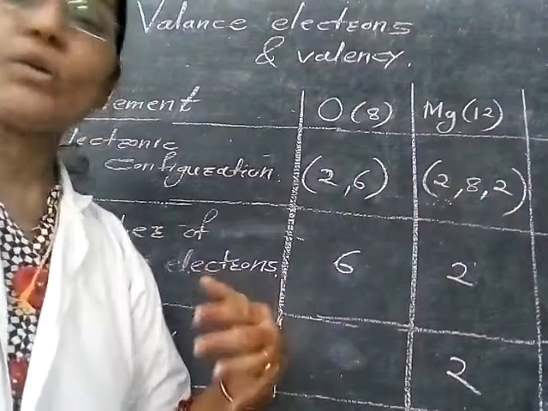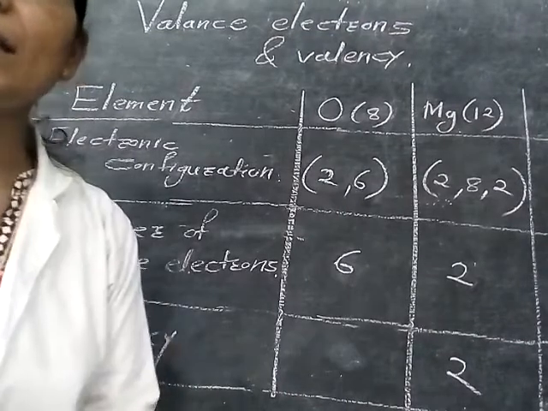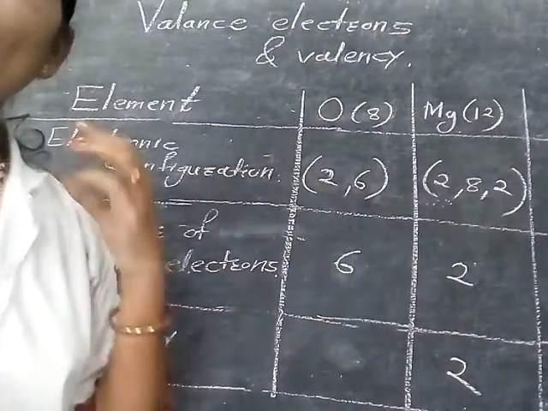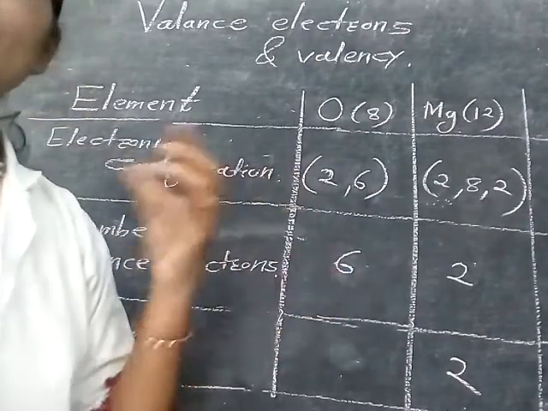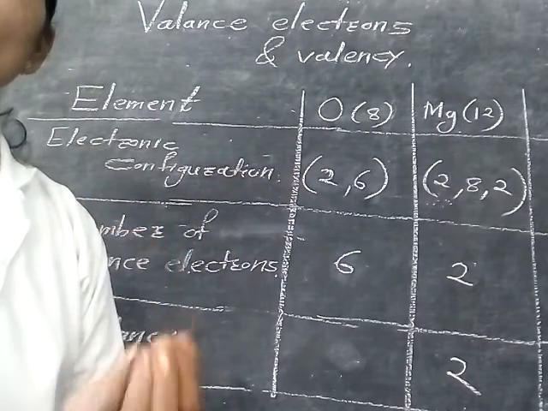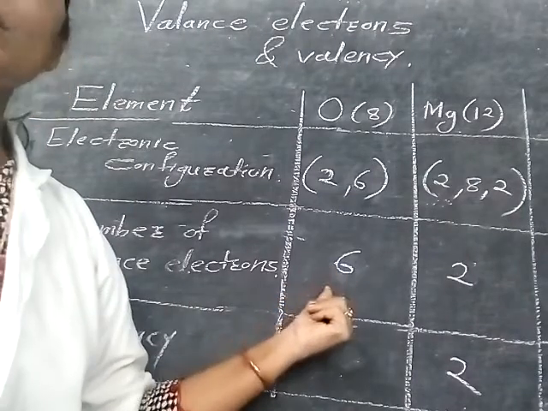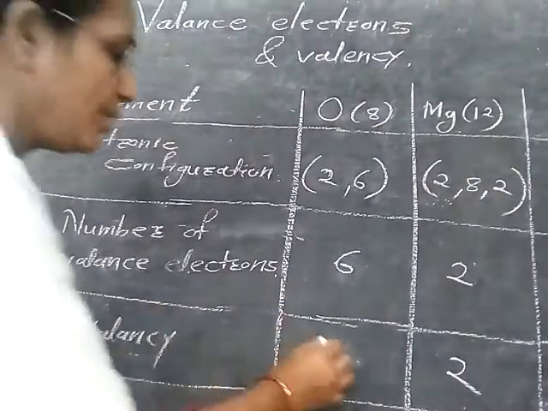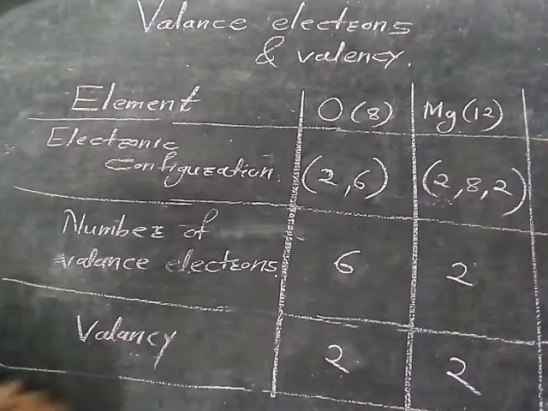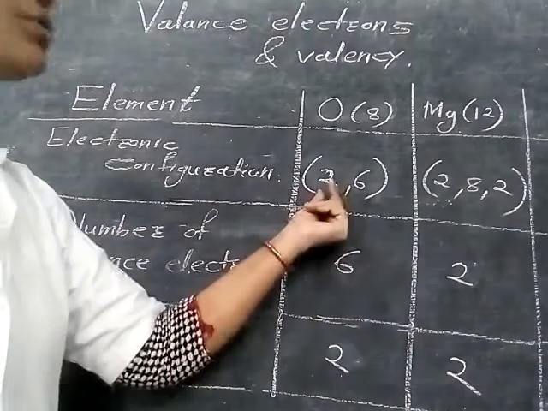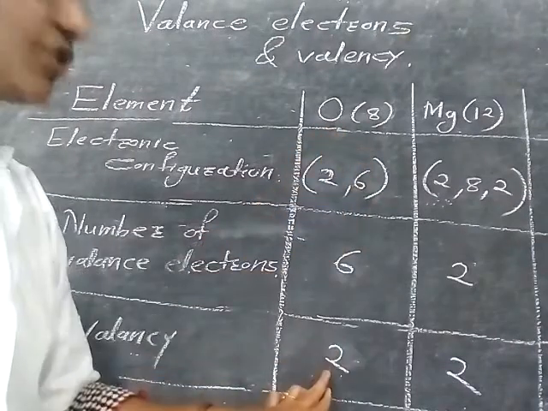Yes, it is easy to gain 2 electrons to complete the octet. So the valency of oxygen is 2, because by gaining 2 electrons it completes its octet and becomes stable.